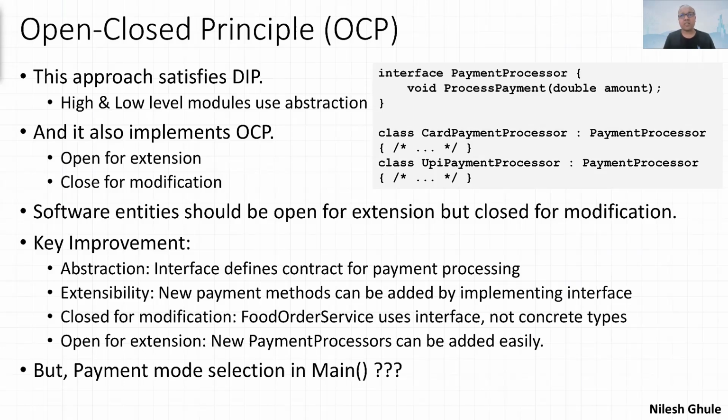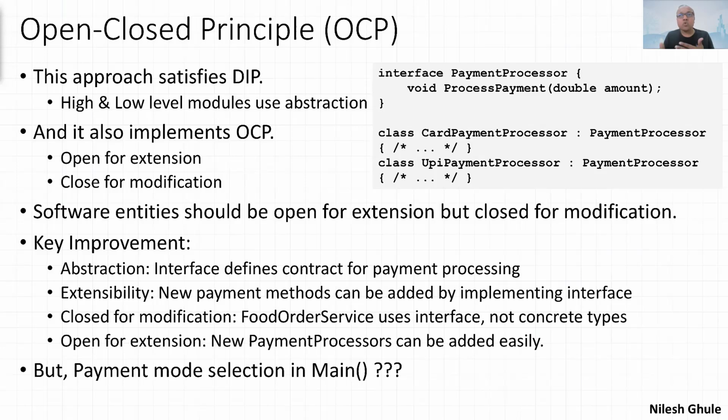Now, in this particular case, we can always add a new payment processor without modifying the existing classes. OCP stands for: software entities should be open for extension but closed for modification.